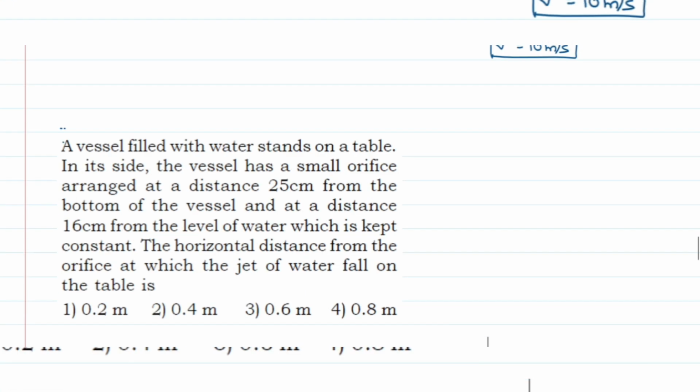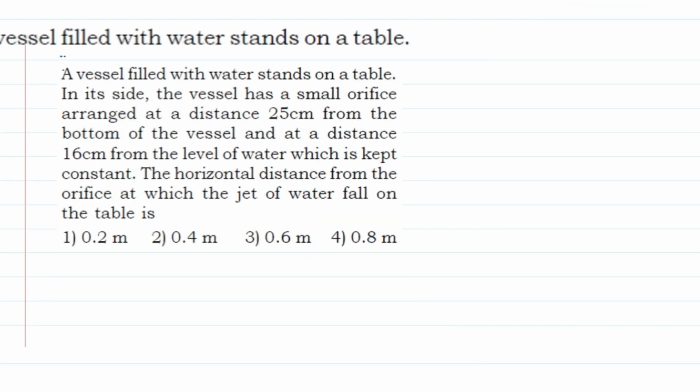A vessel filled with water stands on a table. In its side, the vessel has a small orifice arranged at a distance of 25 centimeter from the bottom of the vessel. Here a vessel is given, filled with water, and it stands on a table.